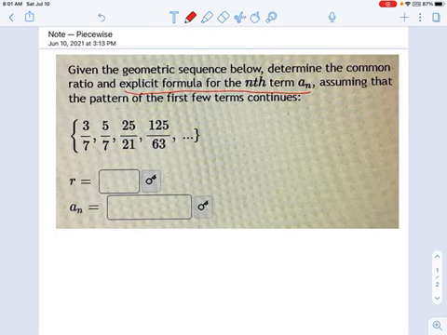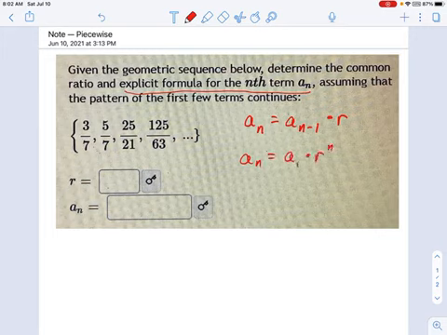It's not too bad. I always think about finding r from the recursive formula. Remember what the recursive formula says. It says an equals an minus 1 times r. Or you could also use the explicit formula, an equals a1 times r to the n minus 1.